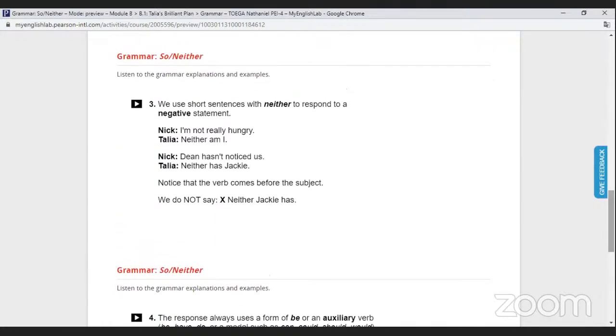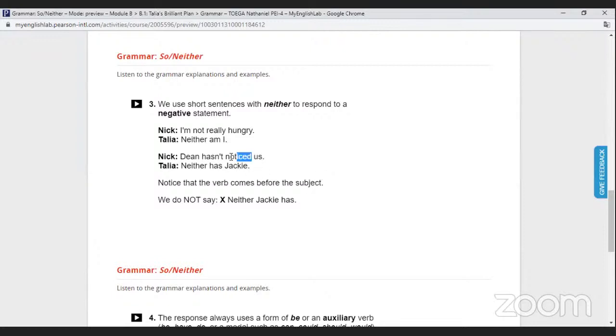Number three, we have this. We use short sentences with neither to respond to a negative statement. Read examples. I'm not really hungry. Neither am I. Dean hasn't noticed us. Neither has Jackie. Okay, excellent.